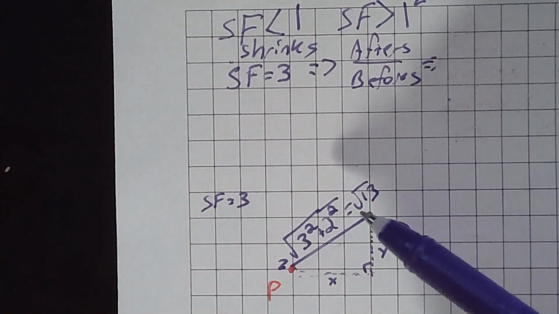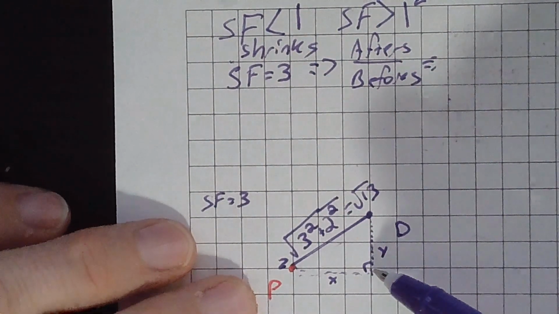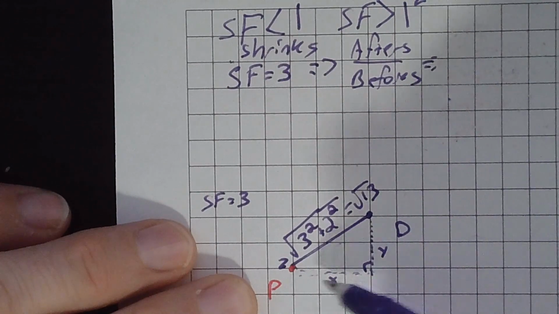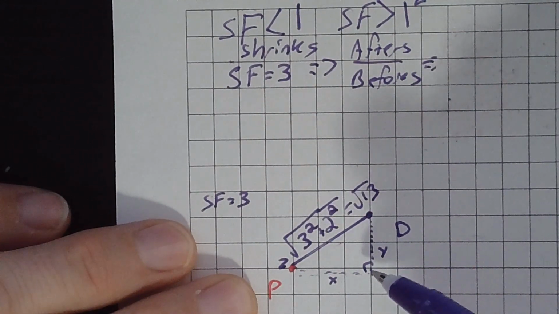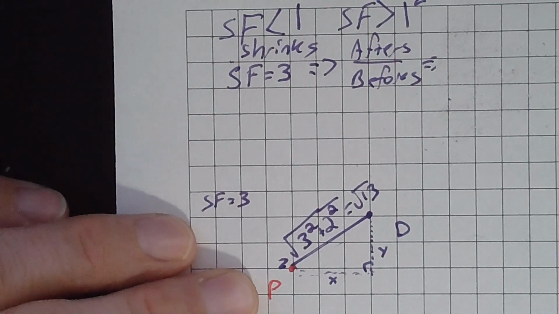That means the x value is going to triple its distance from point P, and the y value is going to become tripled relative to point P.